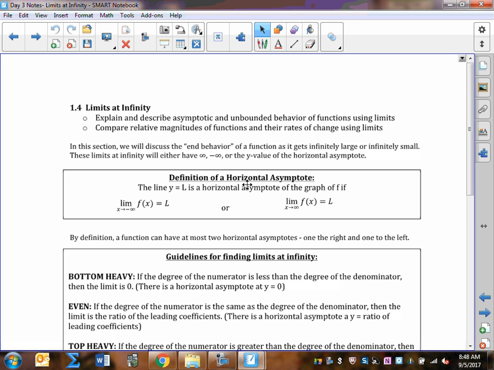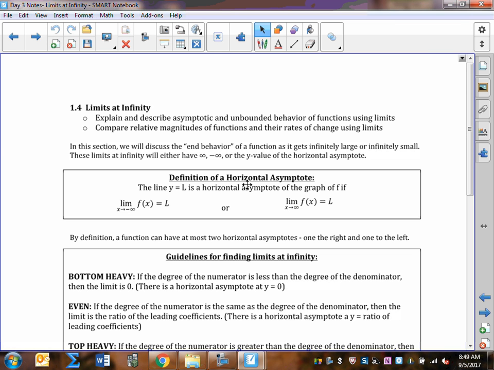And if my right end behavior, or the limit as x approaches infinity, approaches a single value, then that's also a horizontal asymptote. So either one needs to happen in order for there to be a horizontal asymptote, which means we can have at most two horizontal asymptotes. We can have a different one on the left than on the right. And we'll investigate that today.